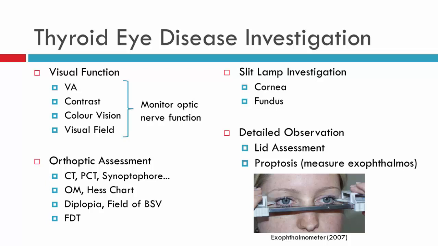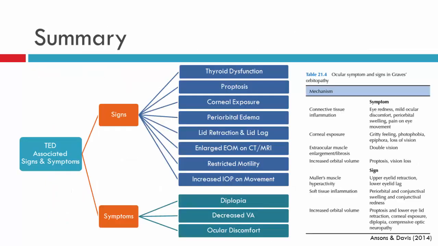So a corneal examination should be performed on all these patients on a routine basis. And the fundus examination, obviously you want to have a good look at that optic nerve each time you see the patient. And finally, because the lids are involved and we have proptosis in these patients, assess the lids, and measure the exophthalmos in these patients as well.